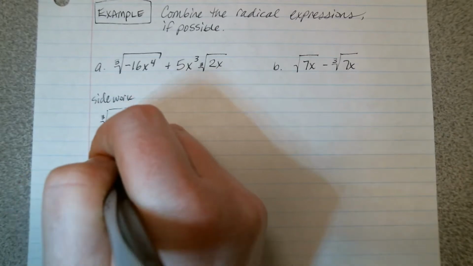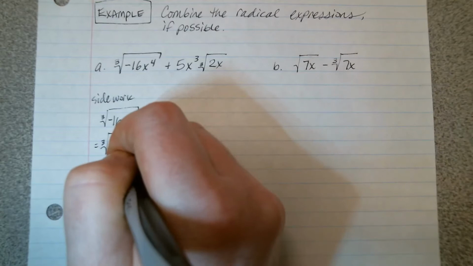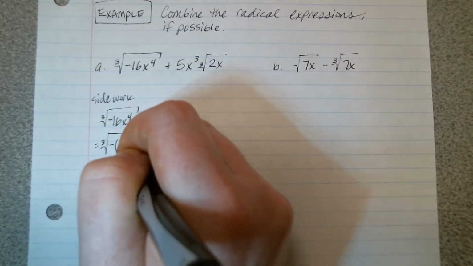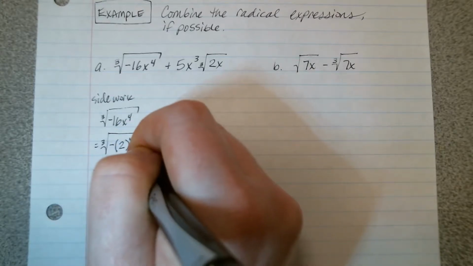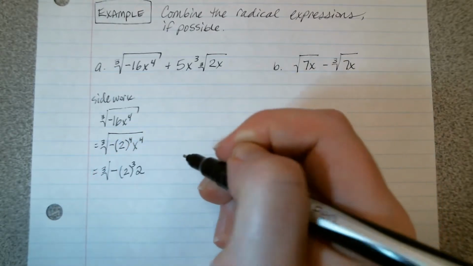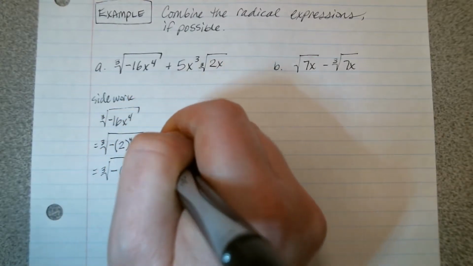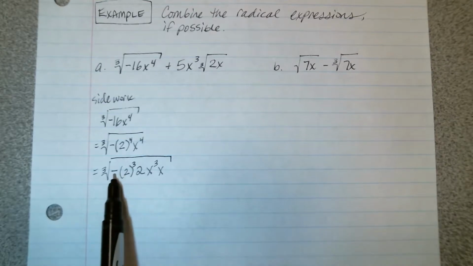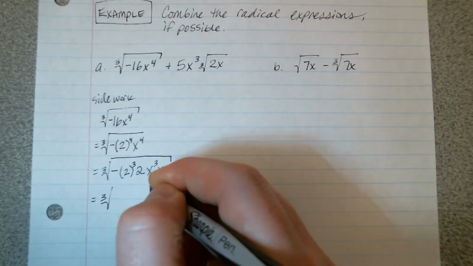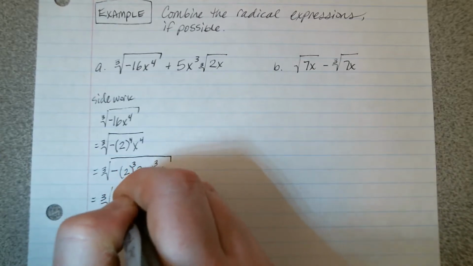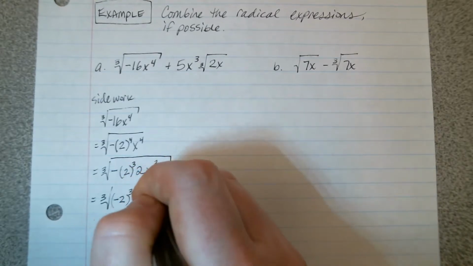So what I could do is rewrite this as the cube root of the negative of 2 cubed times an extra 2, x cubed and an extra x. Notice that the negative of 2 cubed is actually the same as negative 2 cubed, this and this. So I'll rewrite this yet again.